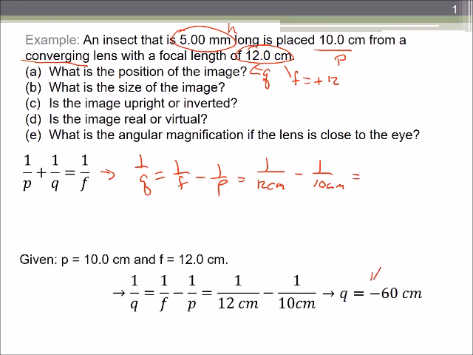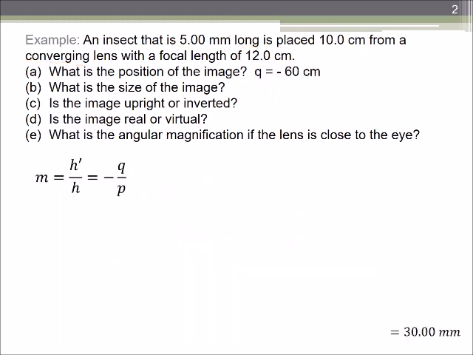This negative sign means that it's a virtual image. On this lens we have our insect, 10 centimeters from the lens, and the image is farther back at 60 centimeters, but it's on the same side of the lens.